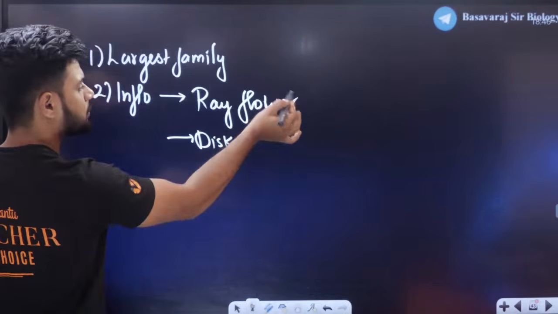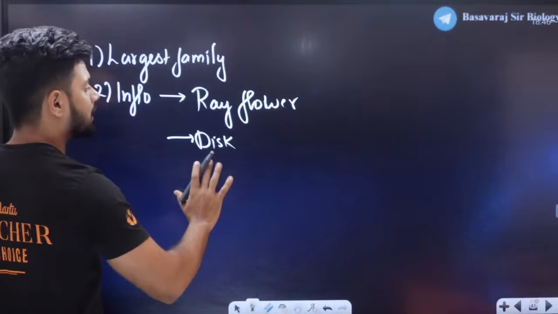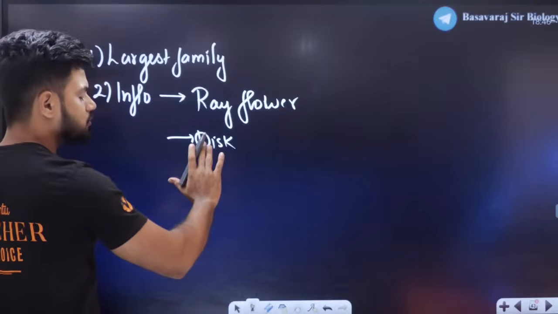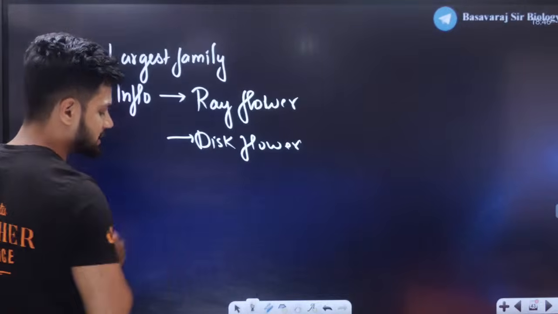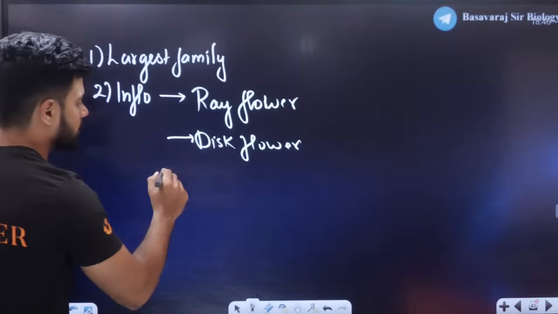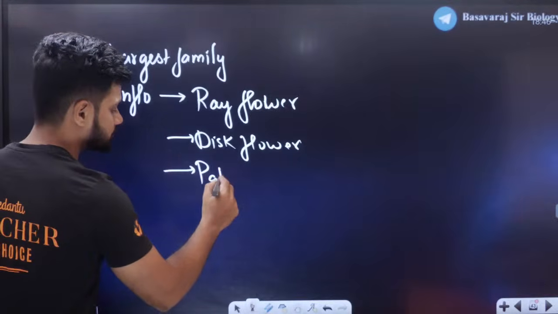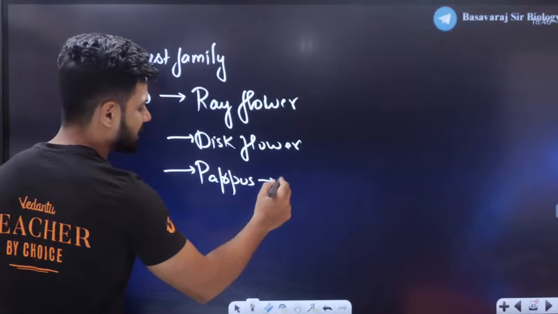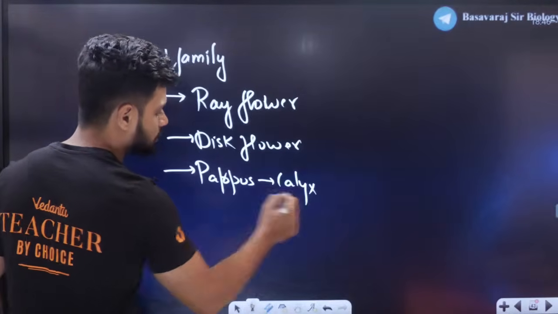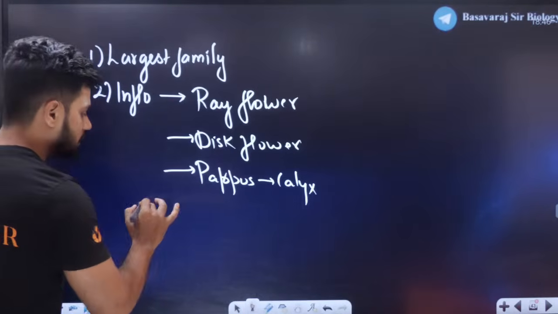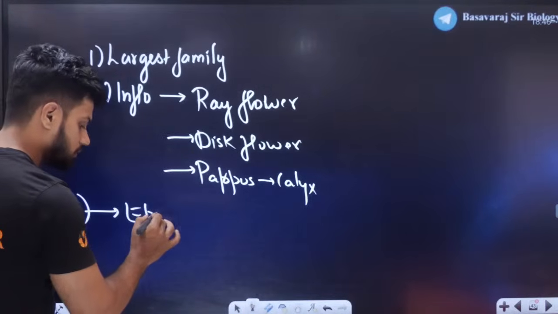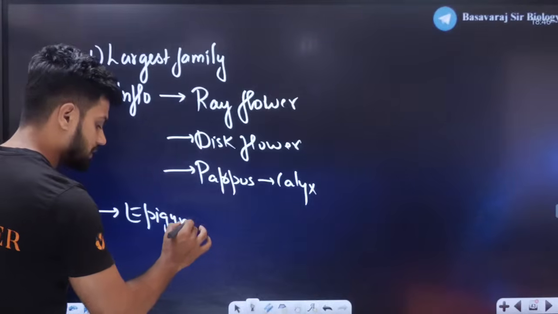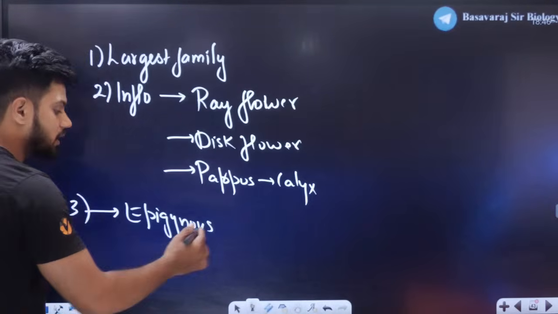The ray flower is unisexual, zygomorphic. The disc flower is actinomorphic as well as bisexual. We also found pappus, which is basically the calyx. The calyx is called pappus here. Then we also found the epigynous condition, that is, an inferior ovary.